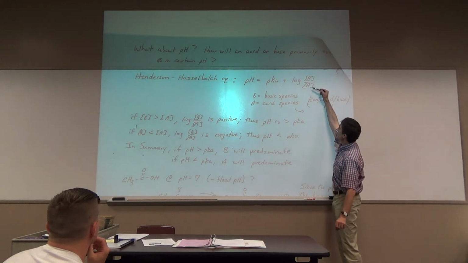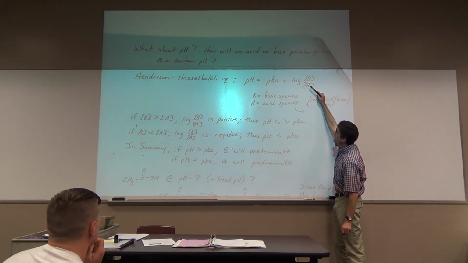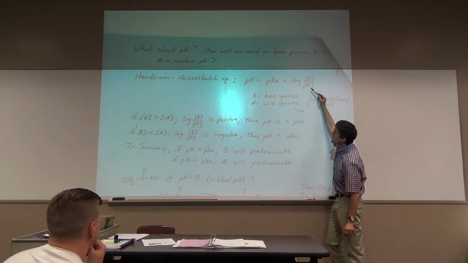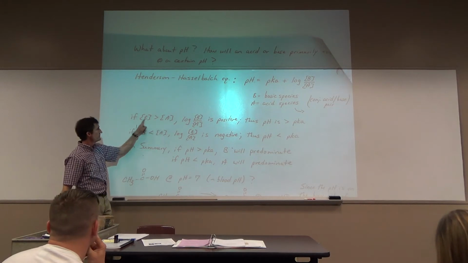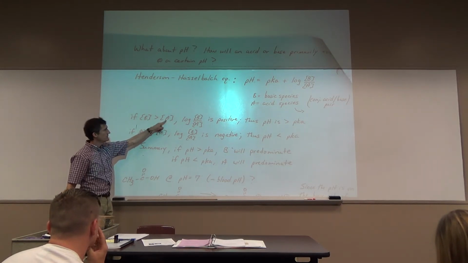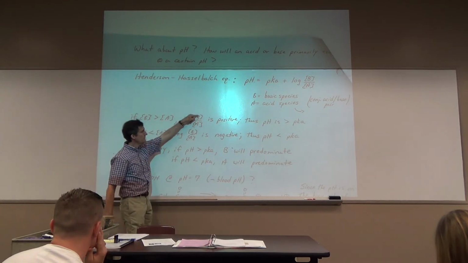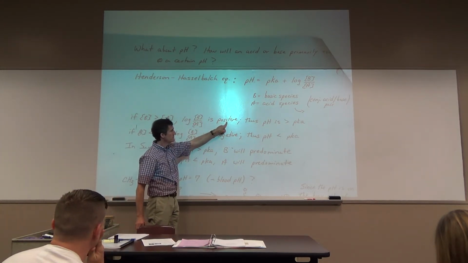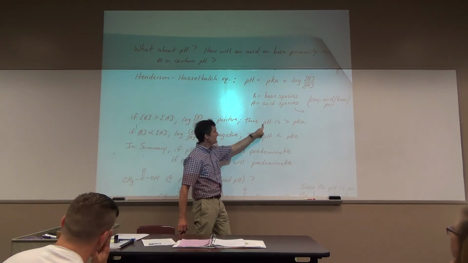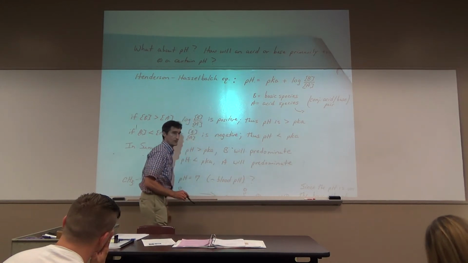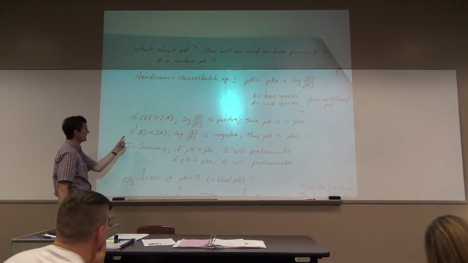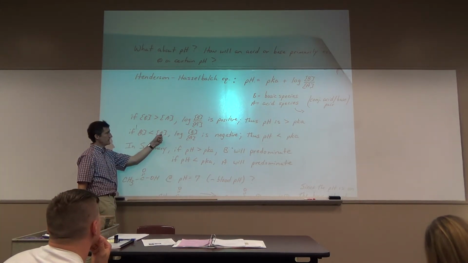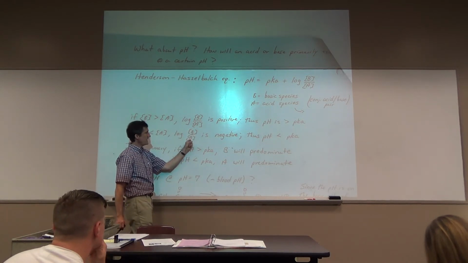Let's look at this B over A. If B is greater than A, if the basic species is predominant, then log of B over A will be positive. Thus, the pH will be greater than the pKa. You can look at the numbers. On the other hand, if the acidic species is the major one, then log of B over A will be negative.